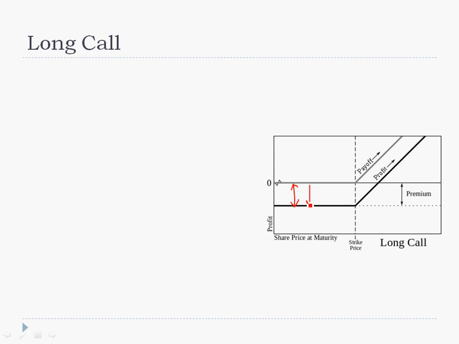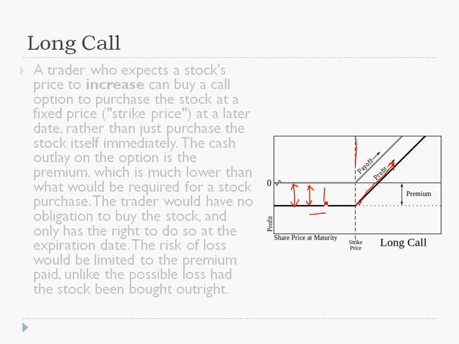Now let's say the price of the stock increases beyond the strike price. So I would ask my call writer to buy stocks for me and I would gain the profits. So here the loss is limited whereas the profit is unlimited, right?